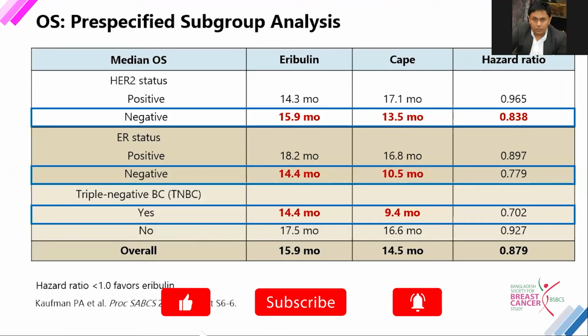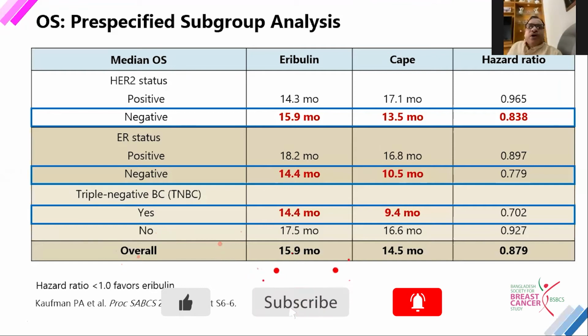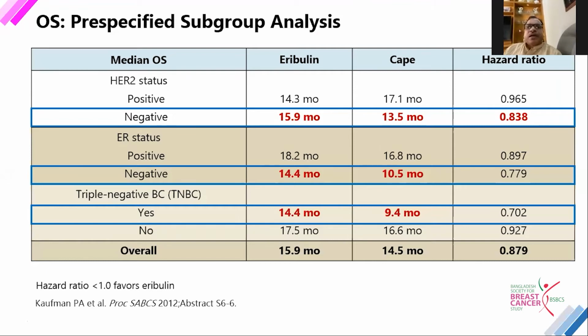If we look at this subgroup analysis, Eribulin is better than capecitabine in specific groups of patients. If it is HER2 negative, the overall survival is 15.9 months in the Eribulin group and 13.5 months in the capecitabine group. In ER negative patients, the median overall survival is 14.4 months in the Eribulin group and 10.5 months in the capecitabine arm. In triple negative patients, it is 14.4 months in the Eribulin group and 9.4 months in the capecitabine group.